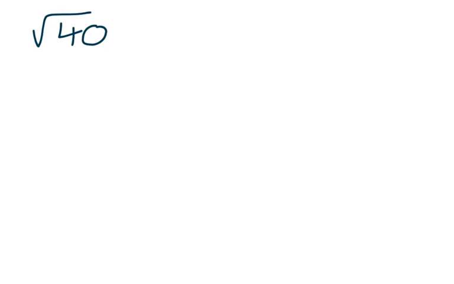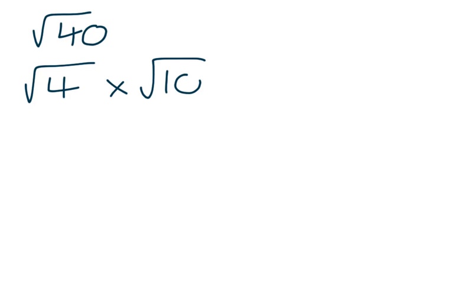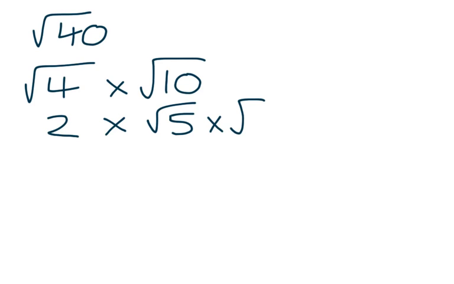And we'll do the answer again in a moment. Okay, so root 40. I'm hoping that you found a square number. I've chosen root 4 times root 10. And root 4 will give me 2. And root 10 will give me root 5 times root 2.